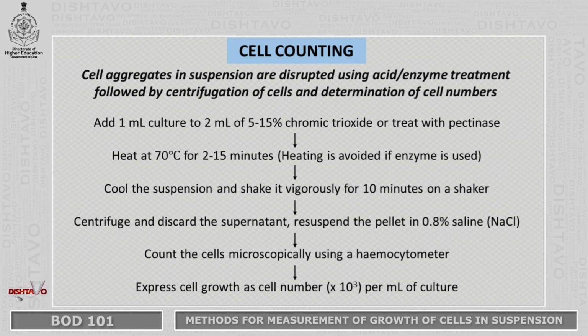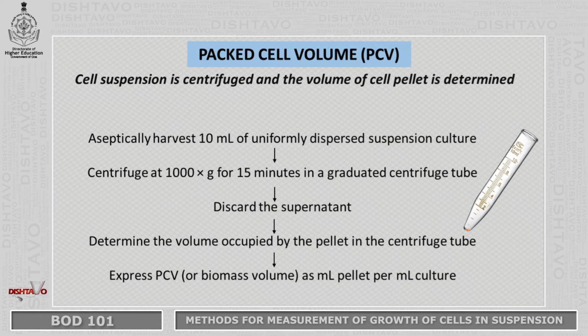of culture. In the packed cell volume, the cell suspension is centrifuged and the volume of the cell pellet is determined. Here, around 10 ml of suspension culture is aseptically harvested, which comprises a uniformly dispersed suspension culture. The uniformly dispersed suspension culture is then centrifuged at 1000 RPM for 15 minutes in a graduated centrifuge tube.